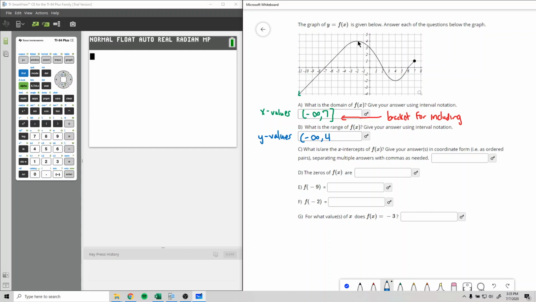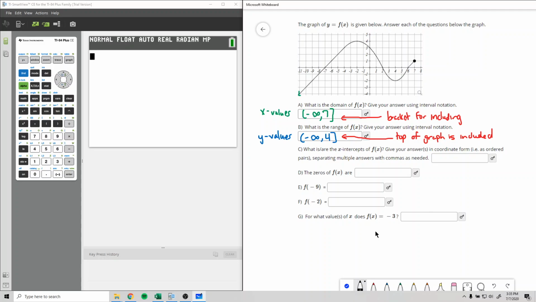Remember, since it's part of the graph, we include it and we use a bracket as well. So negative infinity up to 4. Right, but once again, the problems we do in this section are really supposed to be a review, just kind of putting everything together and a few problems to practice.